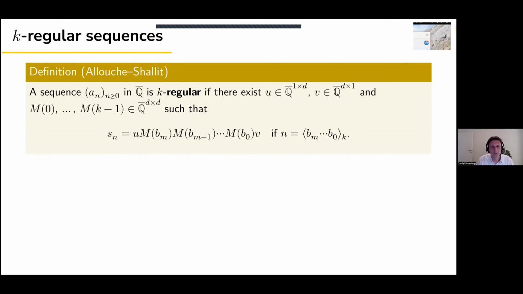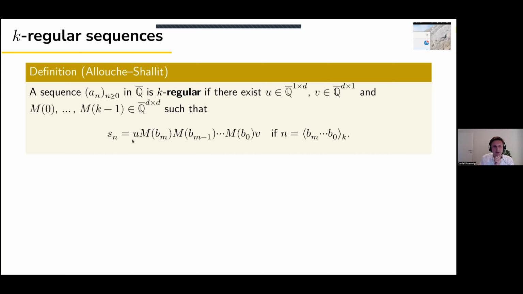And then there's the more general notion of k-regular sequences. What I give here is not the usual definition. These were introduced in the 90s by Allouche and Shallit. I give a characterization which is a bit more structural here for us. So it's k-regular if, again, we look at a base k expansion of n. And now for every digit, we fix some square d by d matrix.